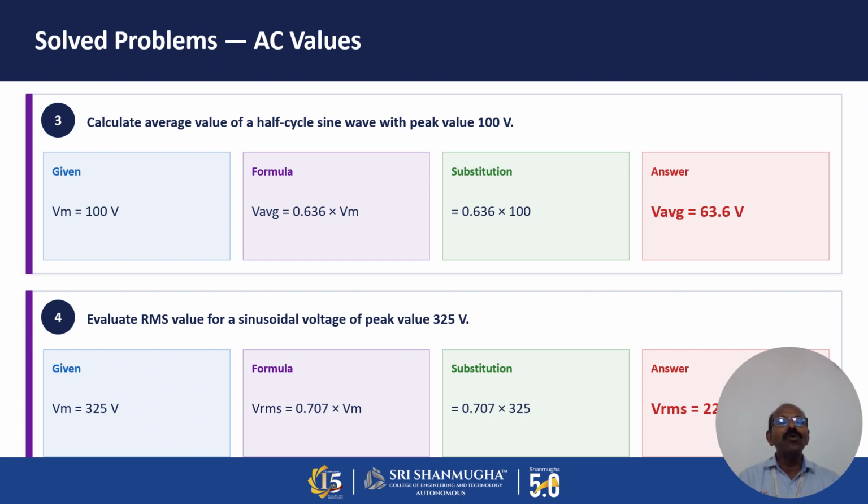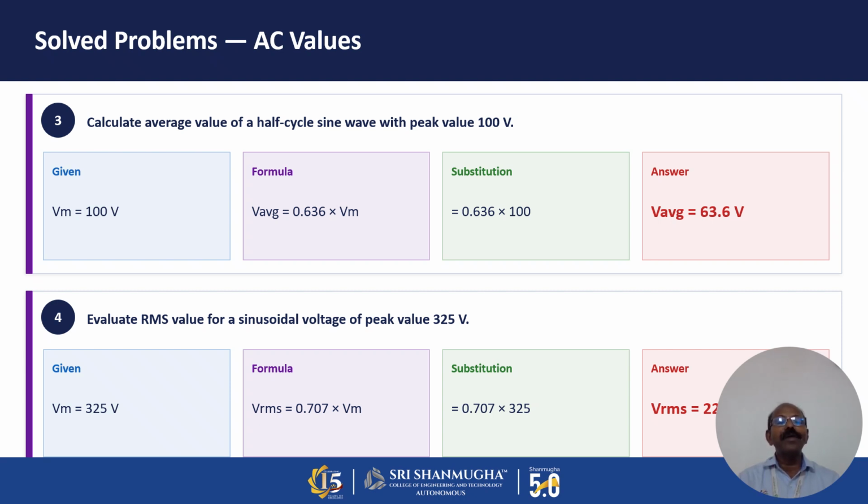So V max is equal to 100 volt, and then calculate the average value. So average value is equal to, the formula is 0.636 into V max. So by substituting the value, you are getting V average is equal to 63.6 volt. This is for a sine wave.